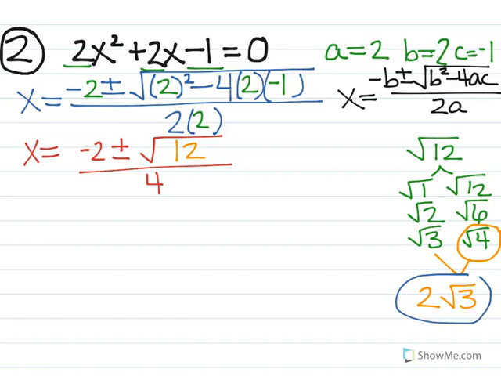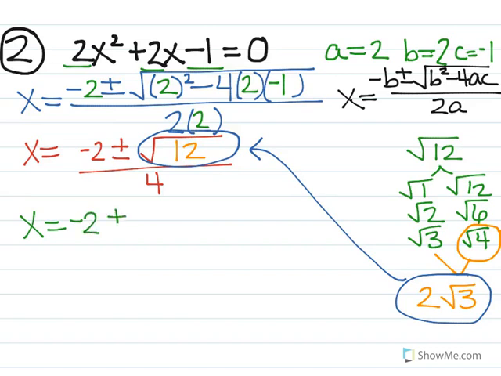And this is what we need to substitute in for radical 12. That's how we're going to simplify it. So in the next step, we have x equals -2 plus or minus 2 radical 3 all over 4.